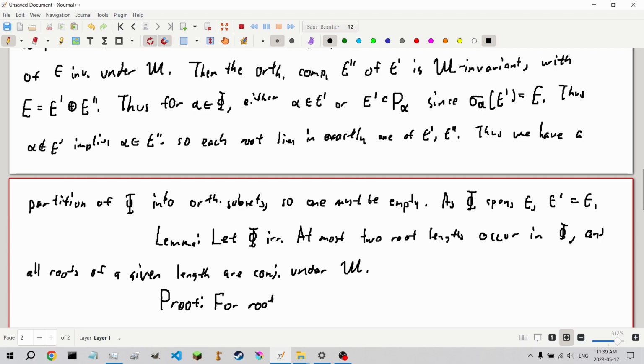For 2 roots, alpha and beta, not every reflection generated by one root can be orthogonal to a given root beta.